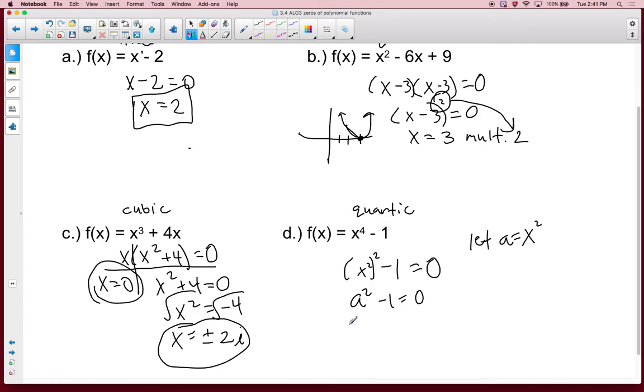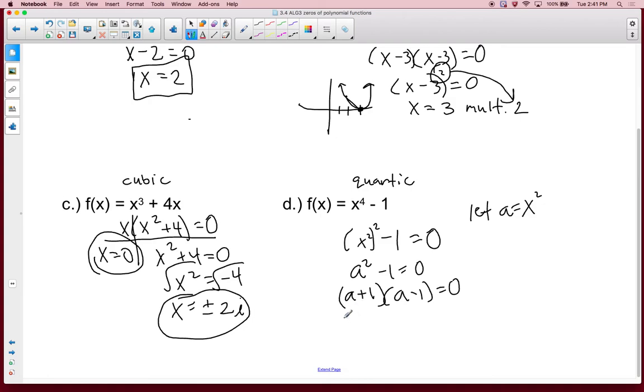I can use difference of two squares: a plus 1 times a minus 1. Now I'm going to plug my x squared back in because we want to know what x is, not a. So I get x squared plus 1 and x squared minus 1. I set them both equal to 0.